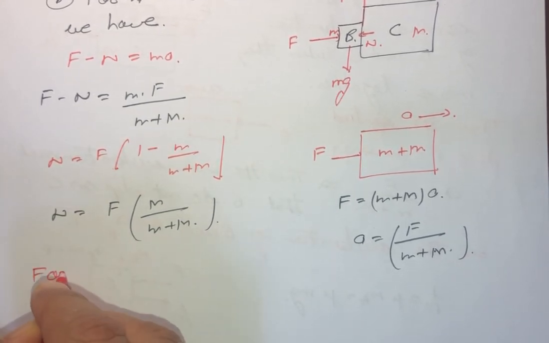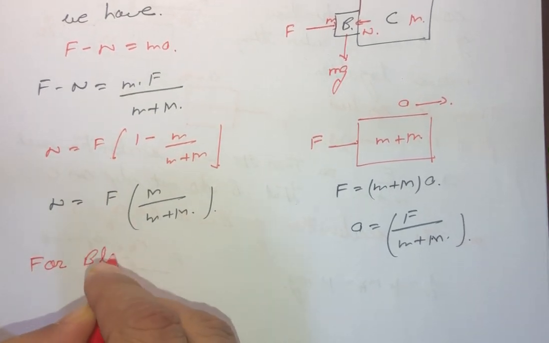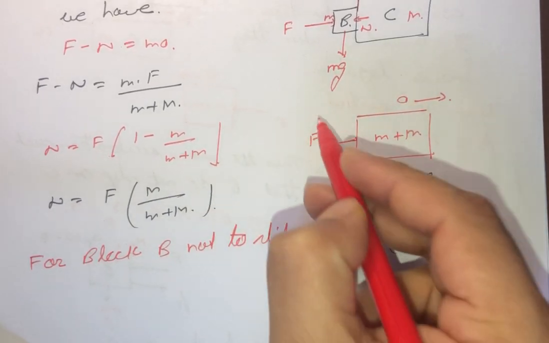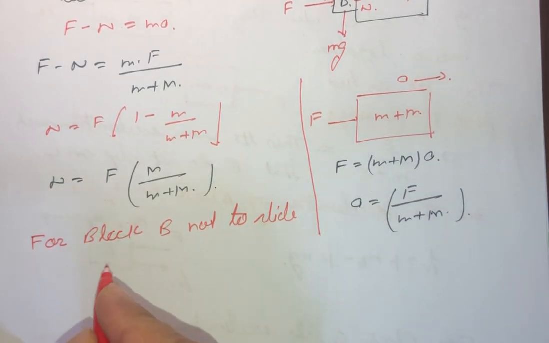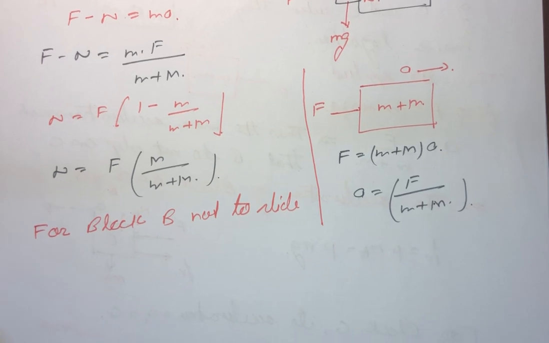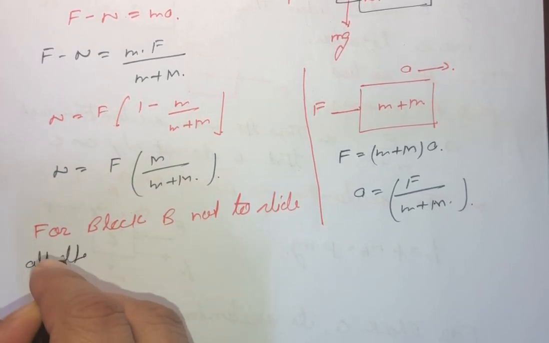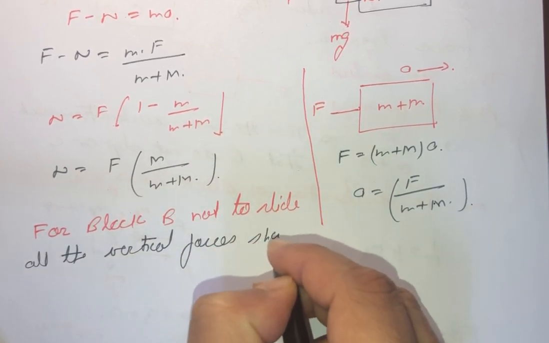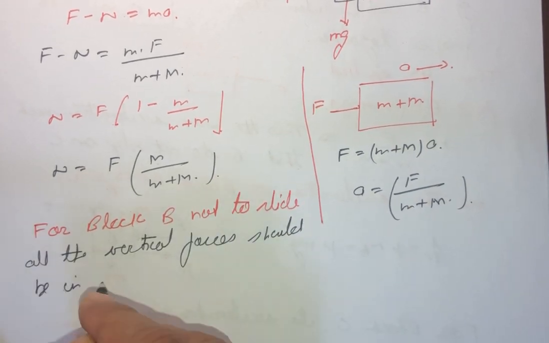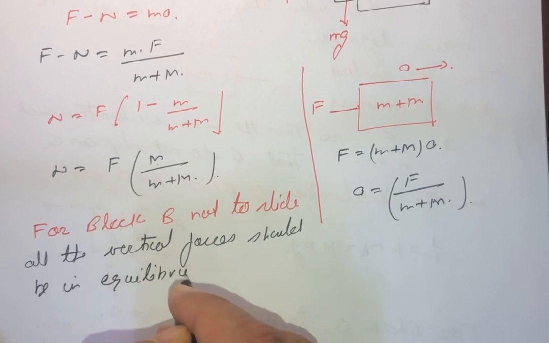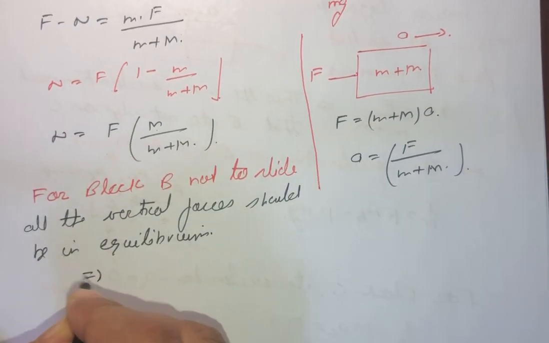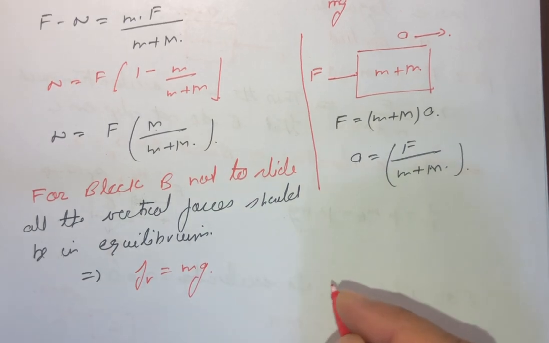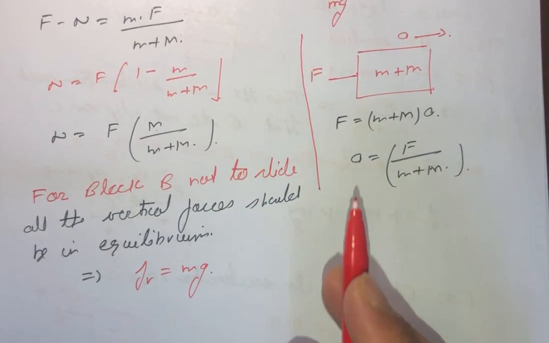Say for block B not to slide, all the vertical forces should be in equilibrium, which basically means that Fr should be equal to mg, and we can find out our Fr.